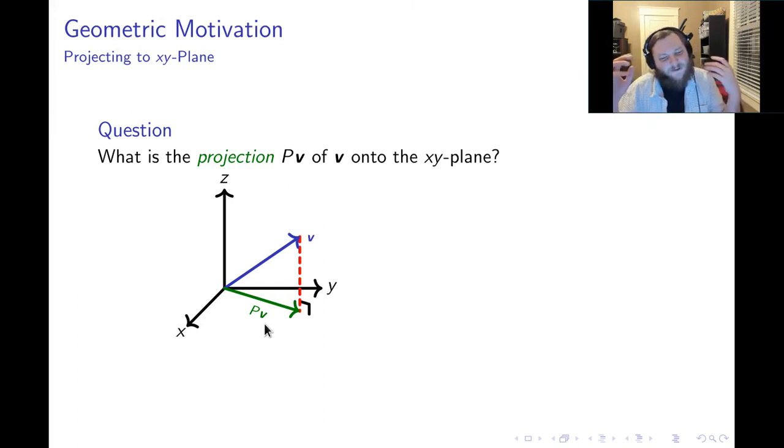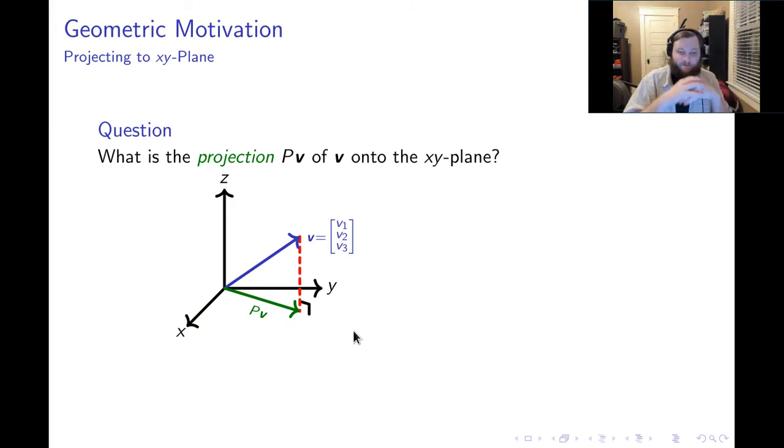And again, if we think about the coordinates in this situation, I think we can sort them out. If our vector has coordinates v1, v2, v3, what does the projection look like? What we're doing here is forgetting about the z coordinate and preserving the x and y coordinates. So the projection here should equal (v1, v2, 0).